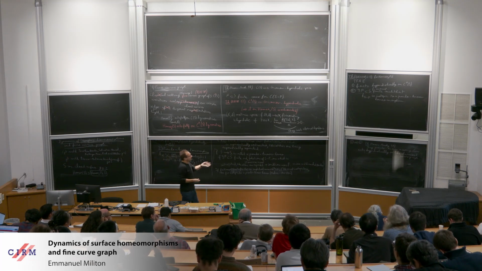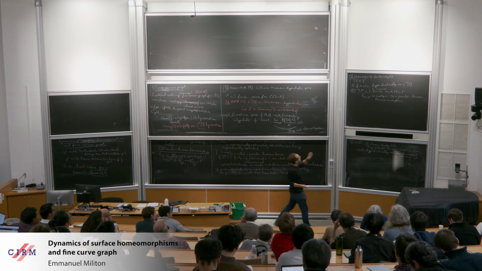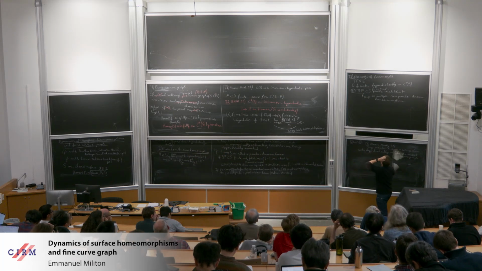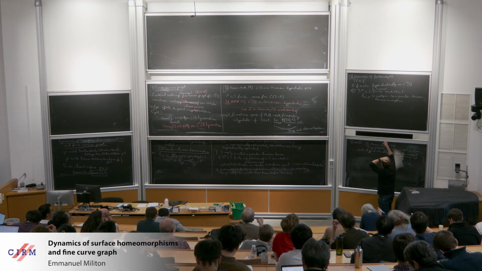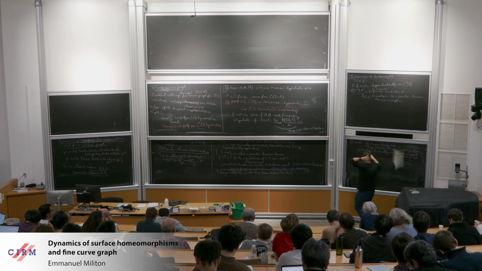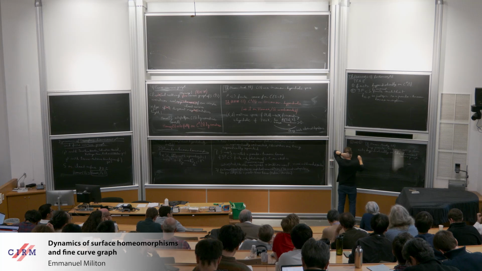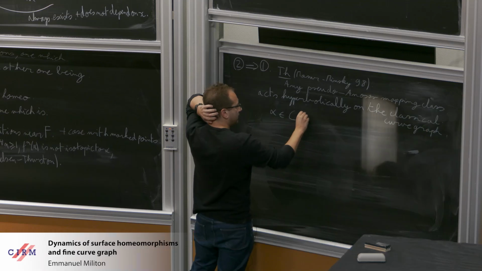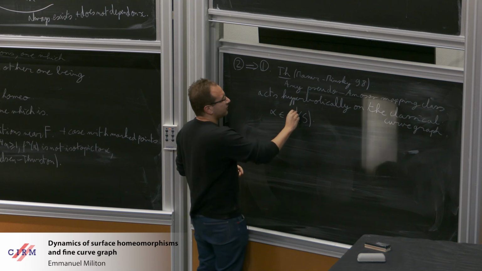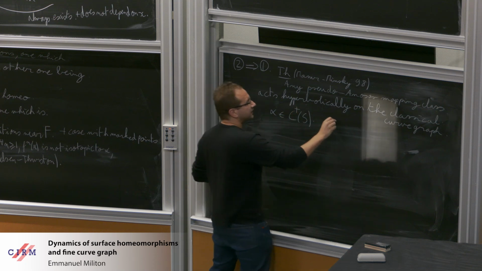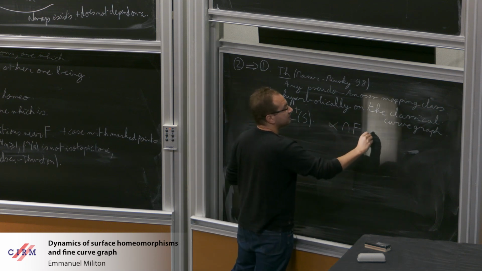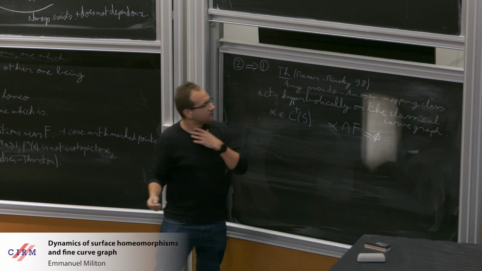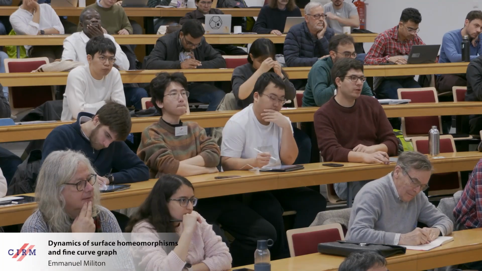So the method I will talk about here is kind of something that we use a lot in this context. So the idea is that if you take some element which is just an actual curve, you suppose that it is disjoint from this set F. Okay.